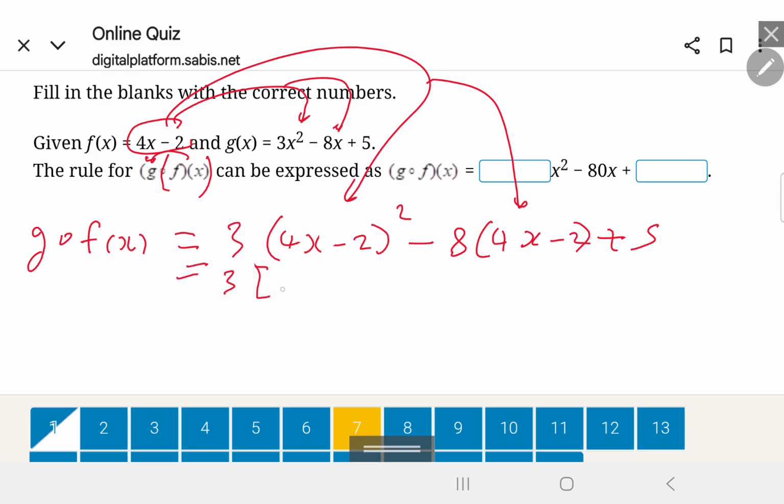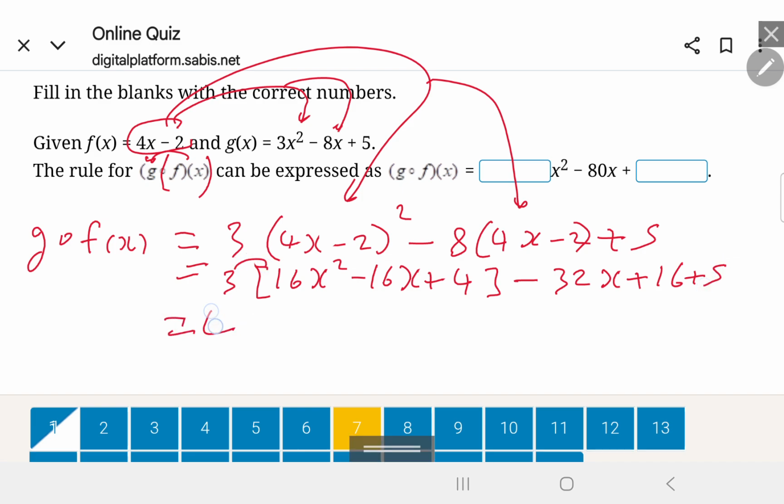Then simplify this amount. 3 multiplied by 16x squared minus 16x plus 4, minus 32x plus 16 plus 5. Multiply 3 by the bracket now. 48x squared minus 48x plus 12 minus 32x plus 21.